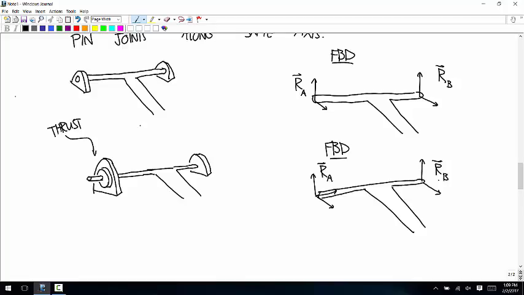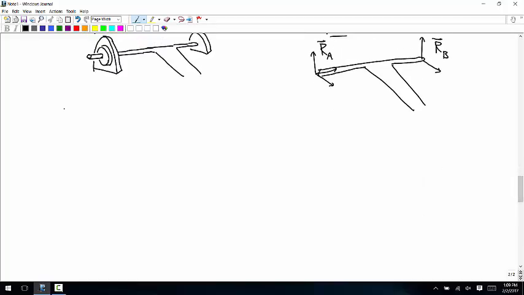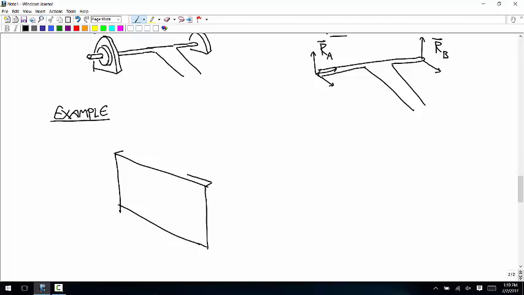Okay, let me do a couple example problems. So the first one is there's a big rectangular sign. And it's connected to the wall by a ball and socket joint. So here's the ball and socket joint.